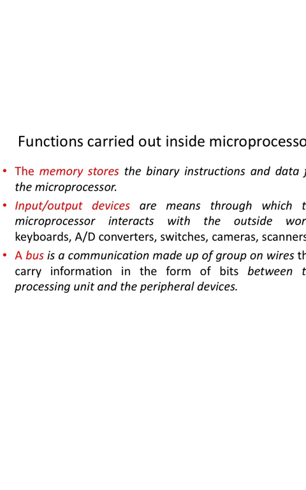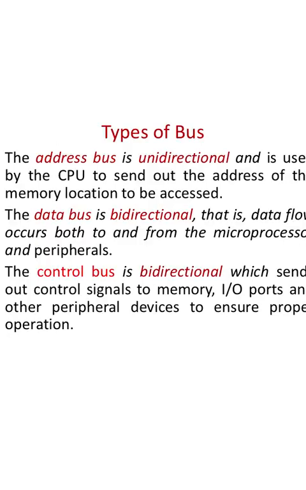A bus is a communication path made up of a group of wires that carries information in the form of bits between the processing unit and the peripheral devices. These are a few of the functions carried out inside the microprocessor.